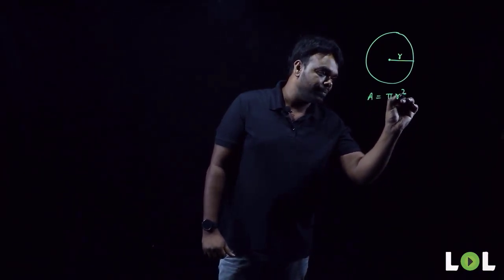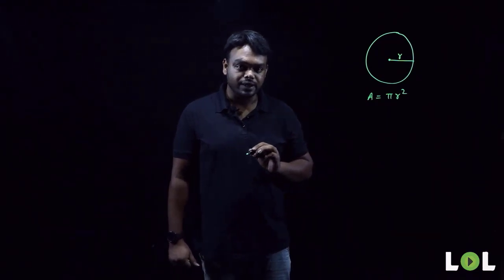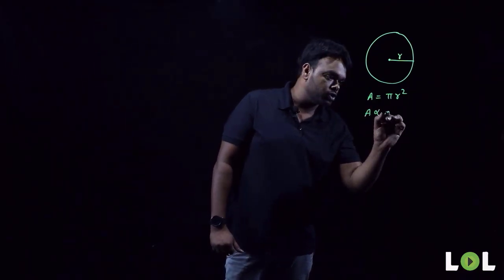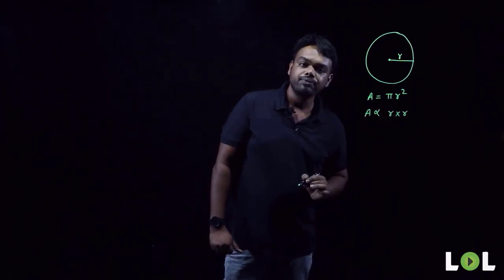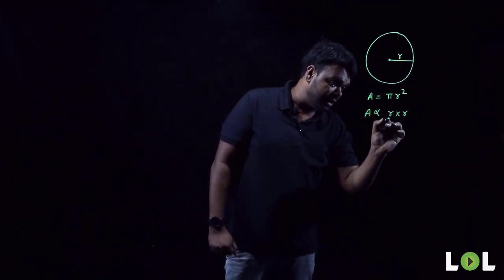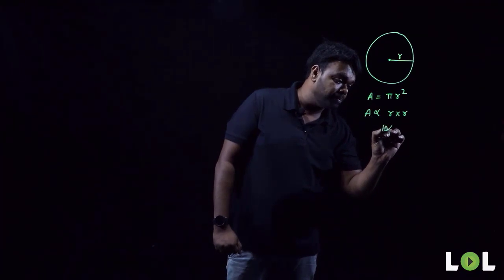Now observe, we know that area of a circle is equal to pi r square, where pi is the constant which will never change. So we need not modify that. So we can write area is proportional to r into r. So when the radius is increased by 10%, here this r also increases by 10%.